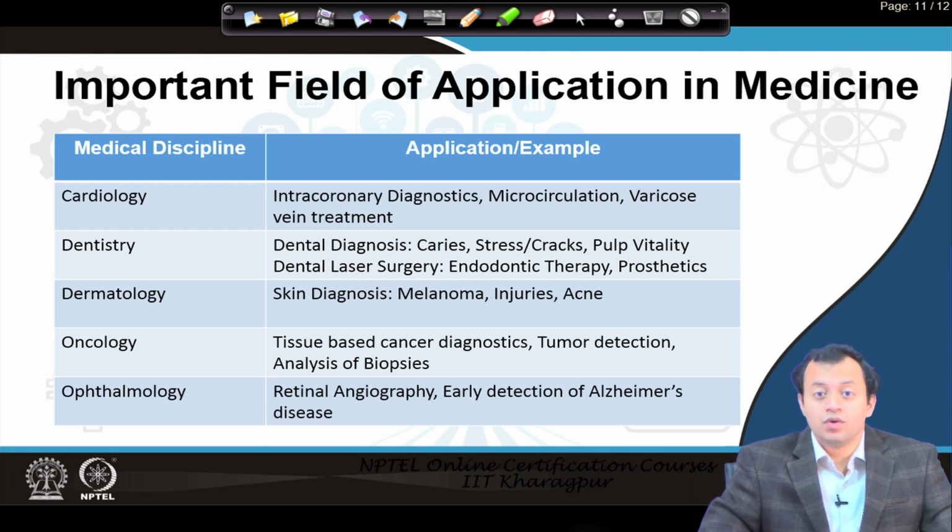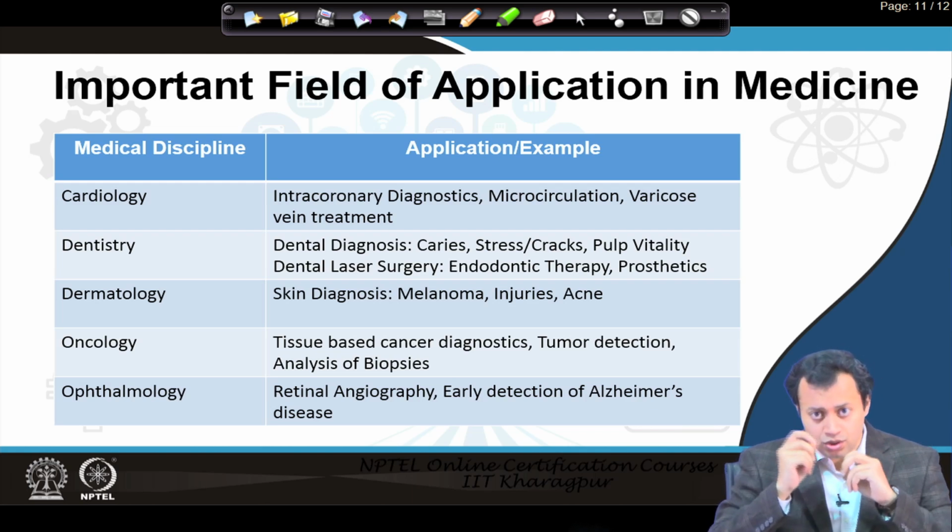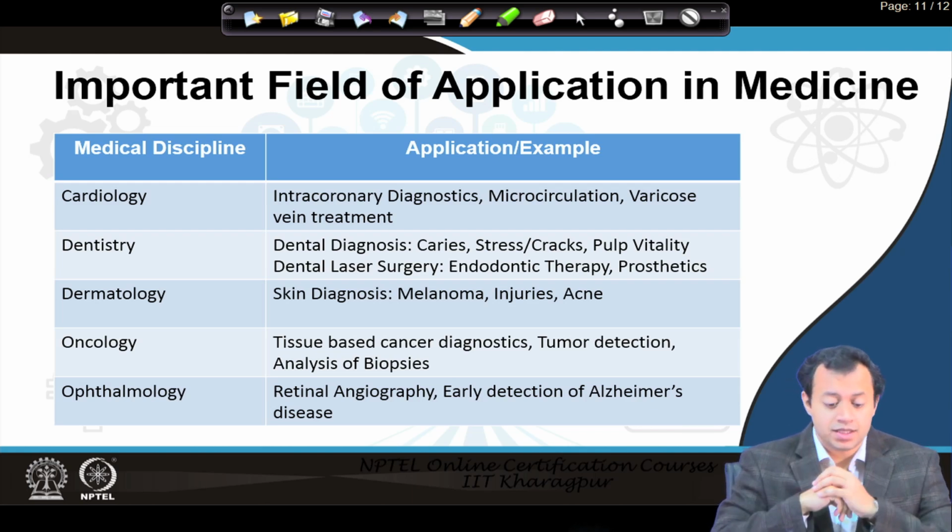Dentistry, I know I have few dentist students listening to this talk. So, for dentistry, biophotonics can be utilized both in diagnostics as well as surgery. You are looking for very small cavity or stress or crack detection using laser light. You can look at pulp vitality. Pulp is the centralmost part of your teeth, the soft spongy part which has all those veins and nerve endings.